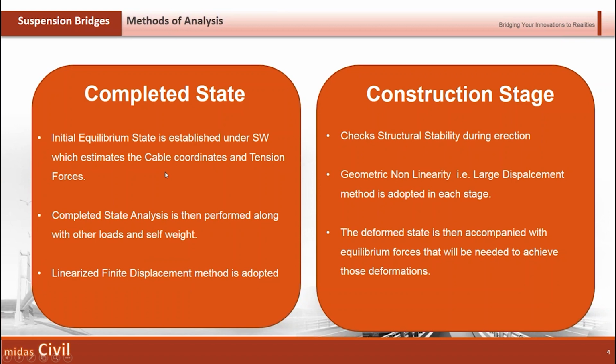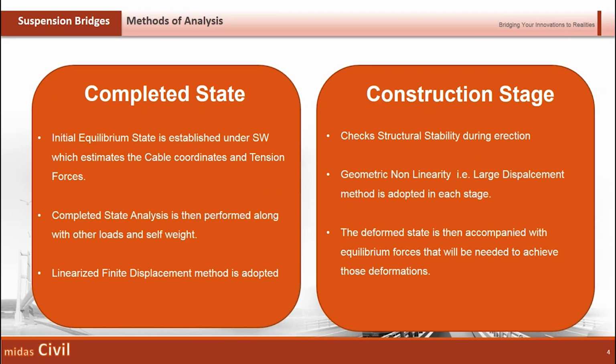The second step in suspension bridge analysis is to do a construction stage analysis. Construction stage analysis usually checks the structural stability during erection, and during erection there is a lot of large displacement because of the catenary action of the cables, right?